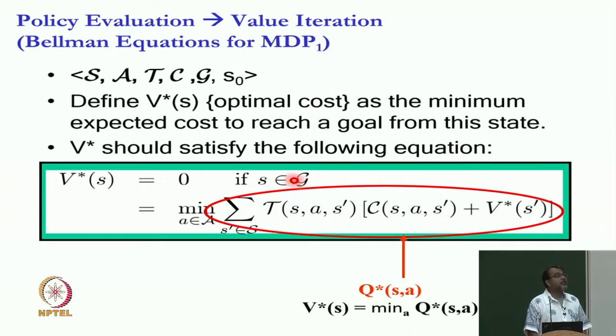I am not giving you a goal, I am just saying that your life is to just keep accumulating reward over long term. So, will I have this base case? I will not have the base case. The other change I will make is that this min becomes max, this cost becomes reward.